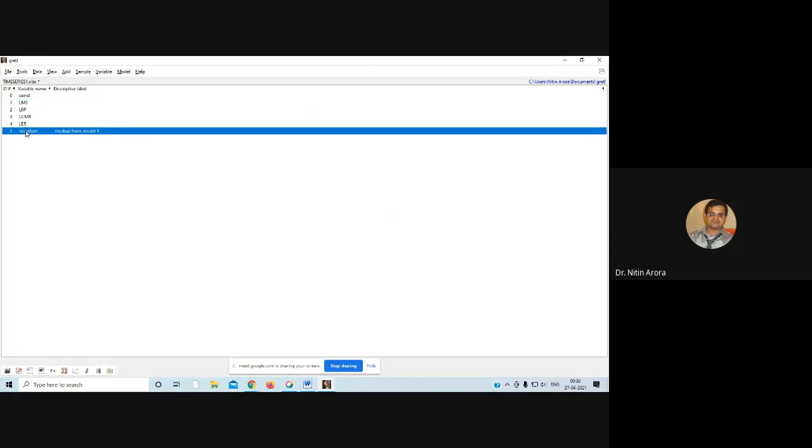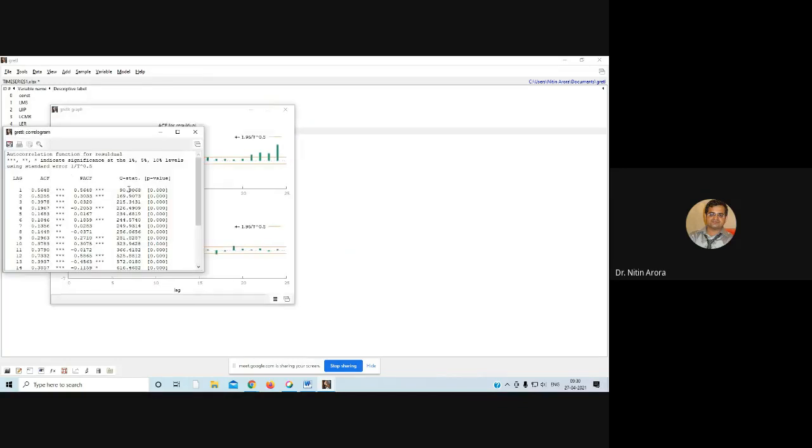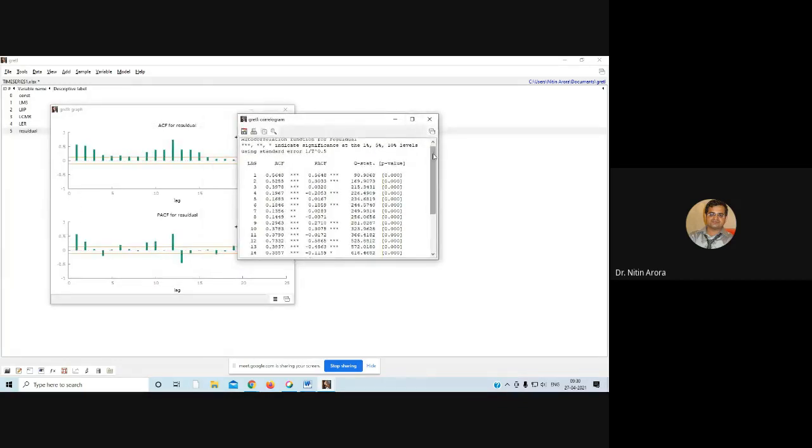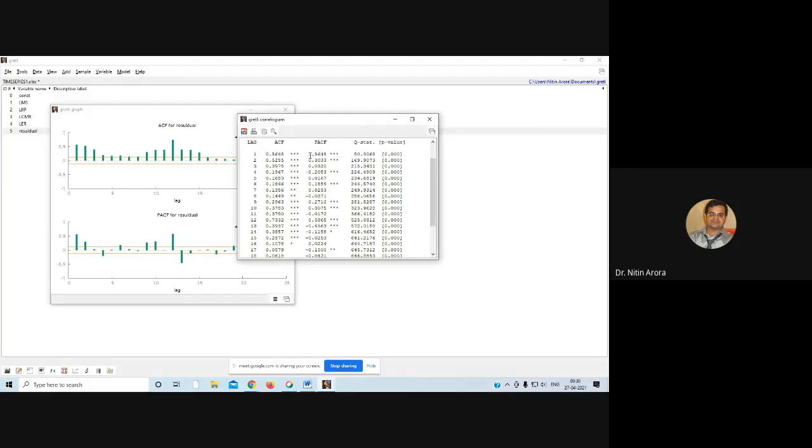Now once the residual series has been constructed, right click on the residual series, construct correlogram, click OK. Now this is the correlogram function, and we may observe that there exists huge autocorrelation in this function.